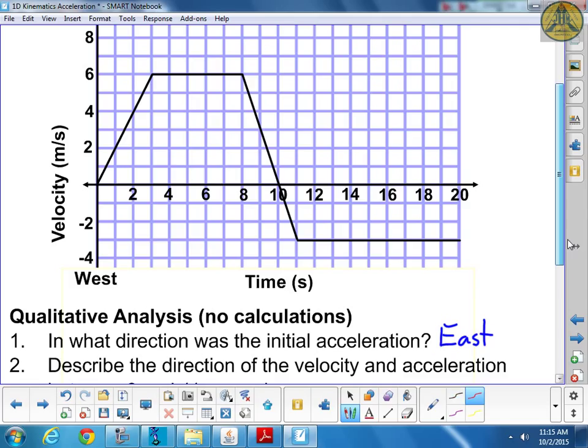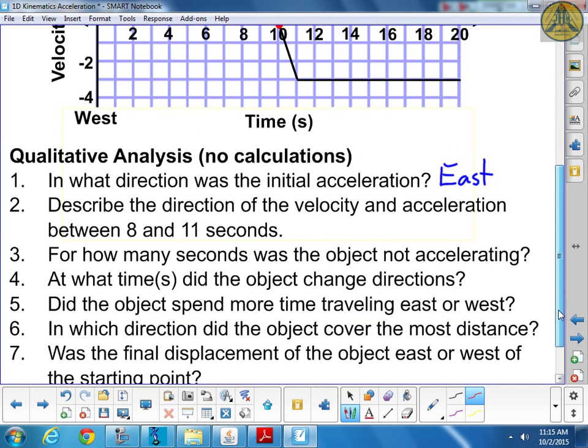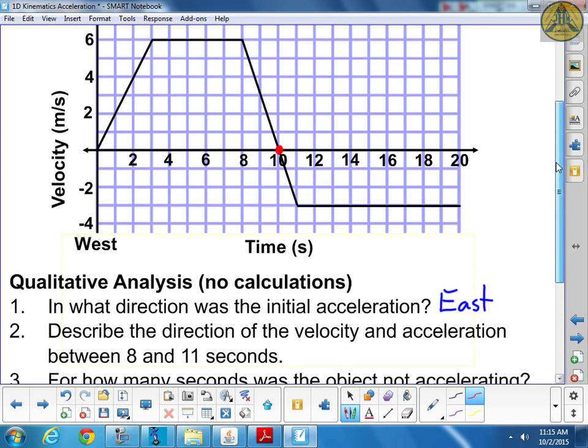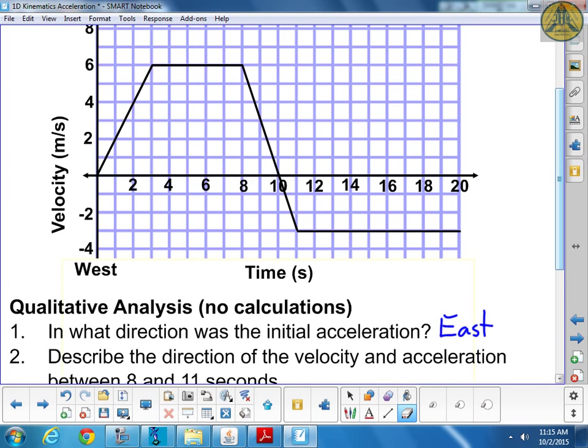Did the object spend more time traveling east or west? I'll leave that with you for a second. Looking at your graph, did the object spend more time traveling east or west? Kind of a trick question. Sorry for the tricky wording, but I wanted to make you think a little bit. They traveled the same length of time east and the same length of time west. When we're looking at the time, you're just looking at how much of the graph is in the top part for traveling east and how much is in the bottom part for traveling west.